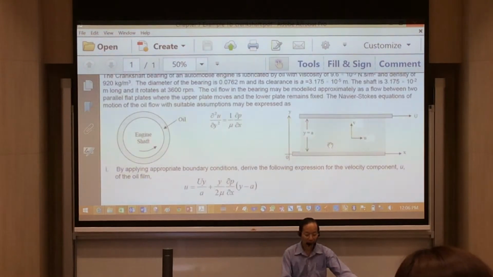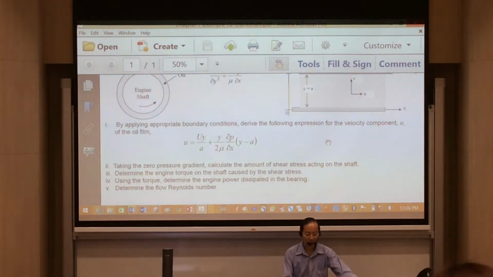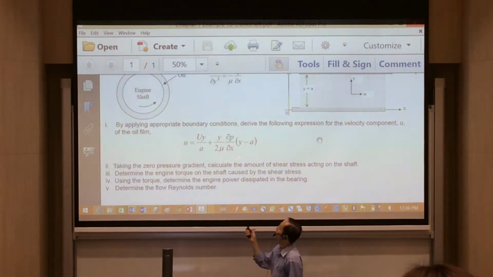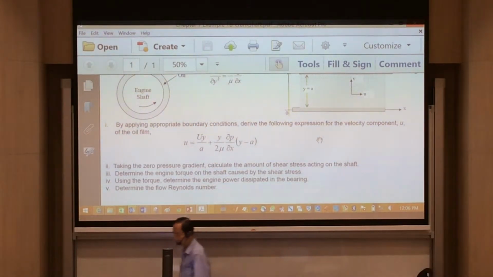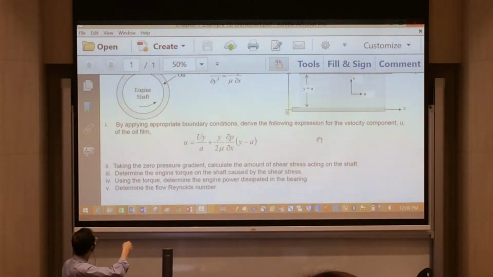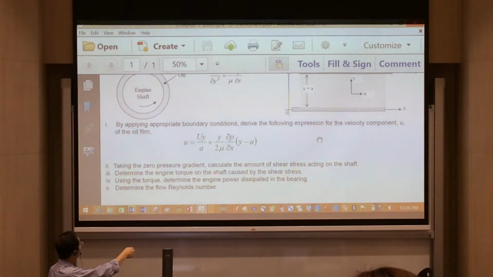Next, taking pressure gradient as 0, calculate the shear stress acting on the shaft. Shear stress means calculate tau. Next, determine engine torque on the shaft caused by the shear stress.